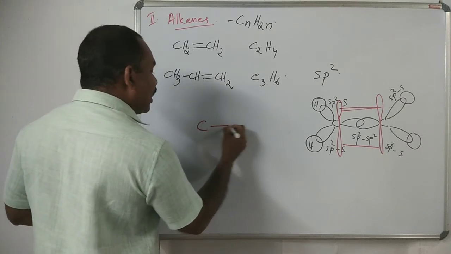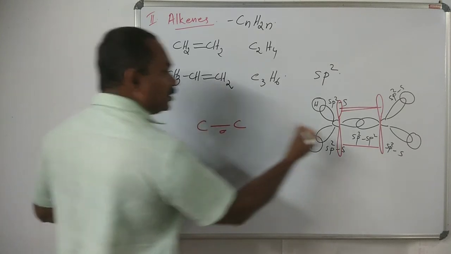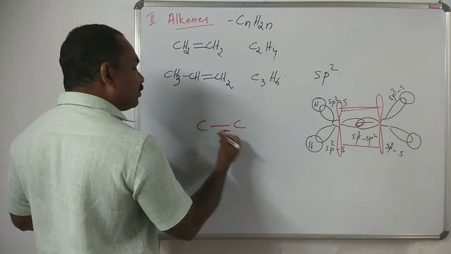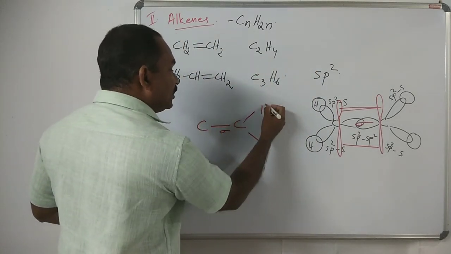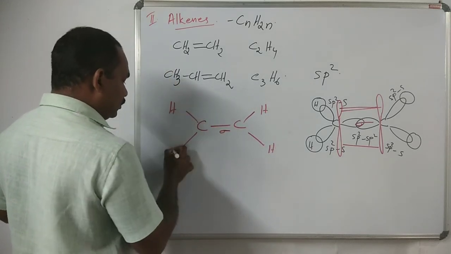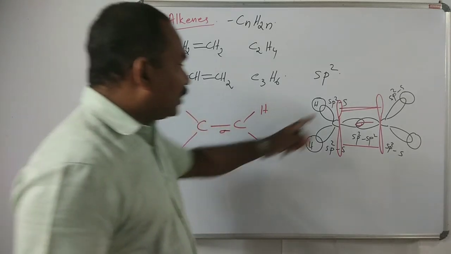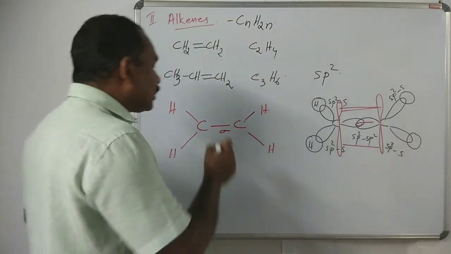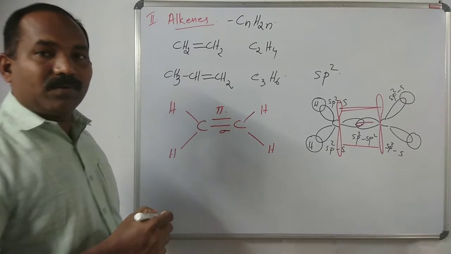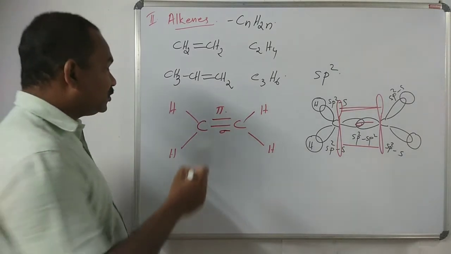Firstly, there is the carbon-carbon sigma bond, which is sigma overlapping, and four C-H sigma bonds. And the lateral overlapping creates a pi bond.